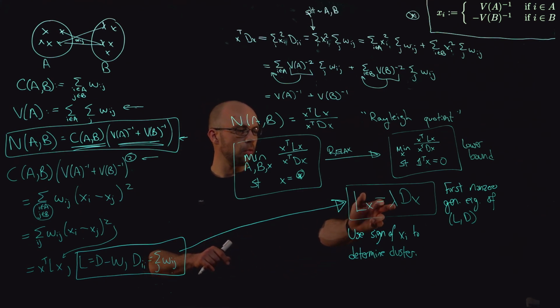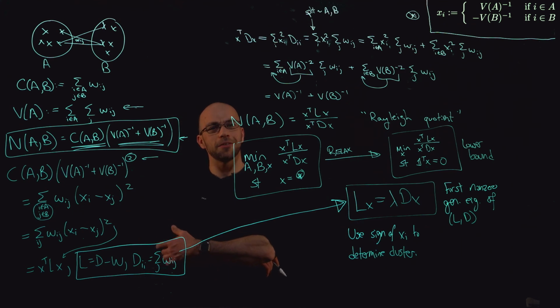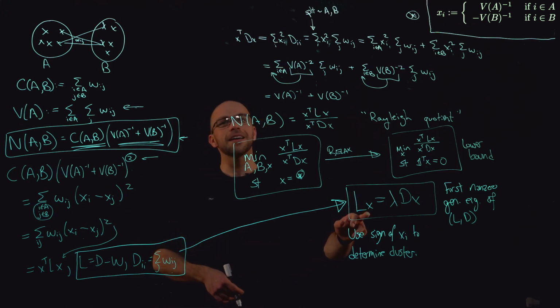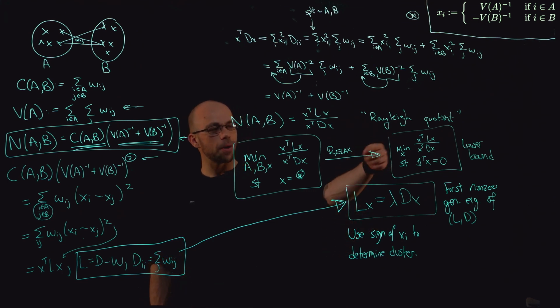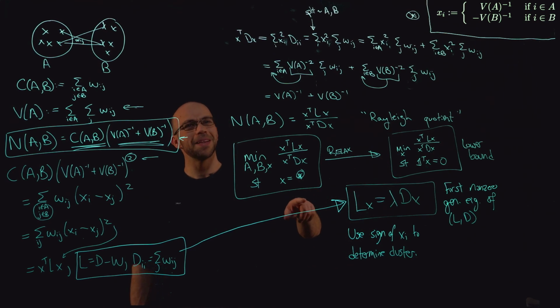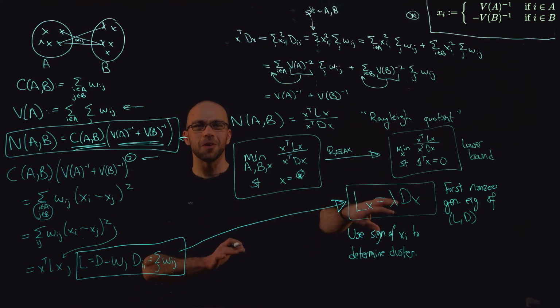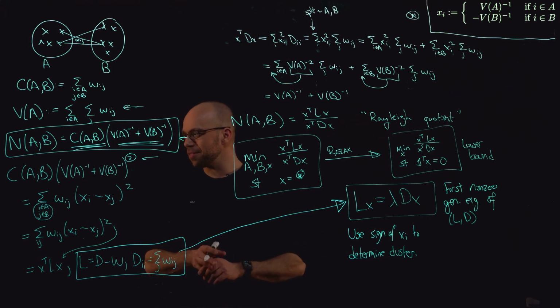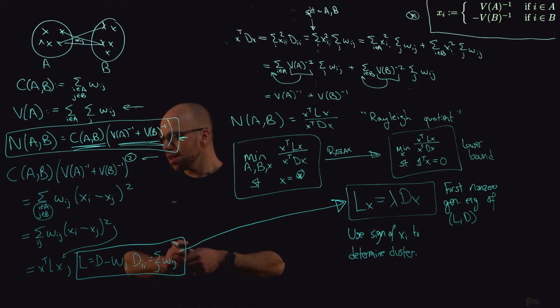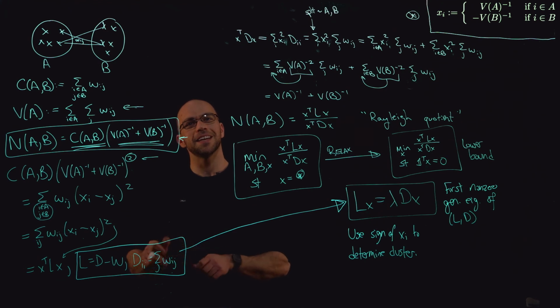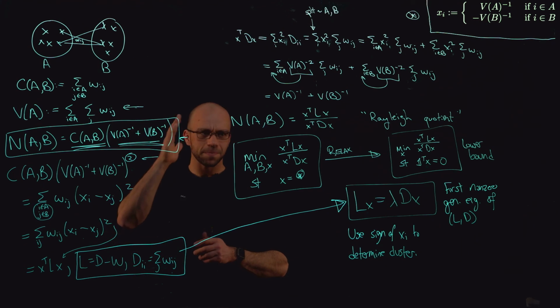And then you just take the one lambda which is closest to 0 but not exactly 0, and the corresponding x is the optimal x for this relaxed problem on the right-hand side. Now the only problem is that it's the optimal x for this relaxed problem. It's not the optimal x for our combinatorial problem, but our heuristic is that we just take all of the positive elements of x and put them in one cluster, and all the negative elements of x and put them in another.